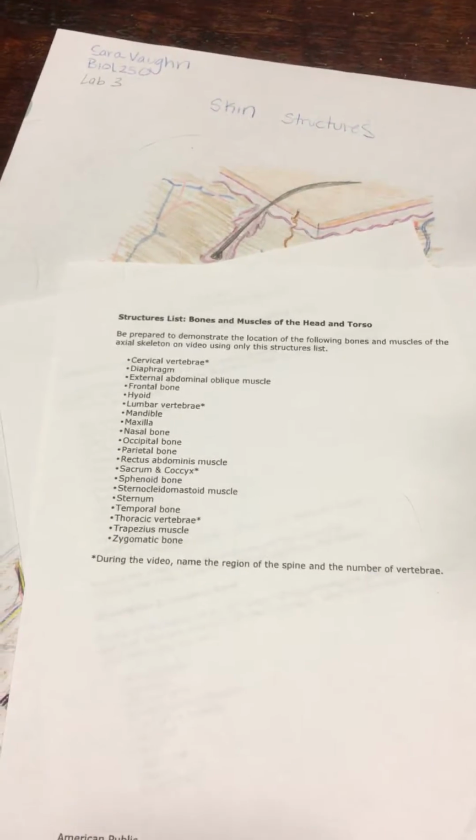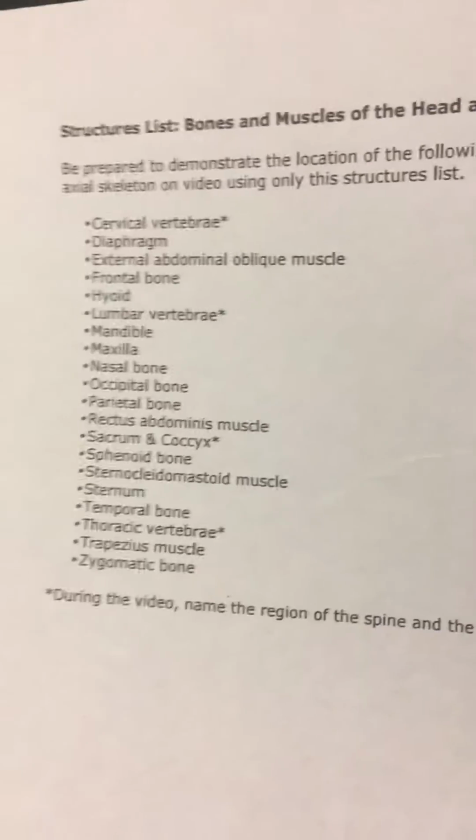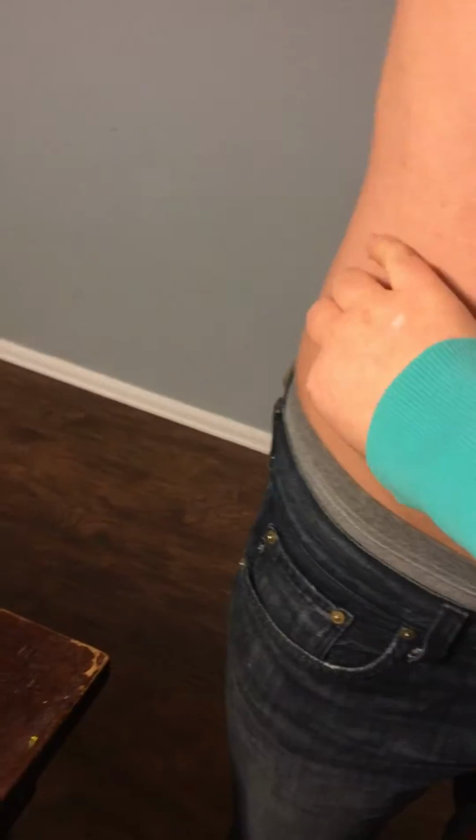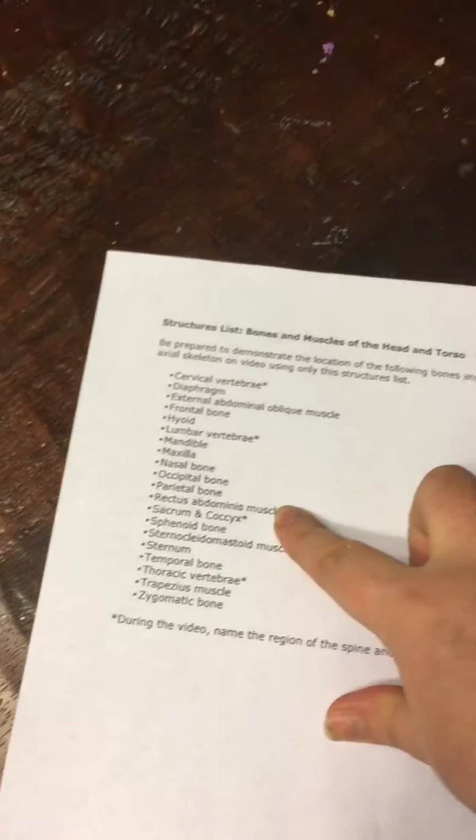So, and now I will steal my husband really quick so we can do our muscles. Okay, so we need our external oblique. Those on here would be the sides of the abdominal muscles right in here. Okay, and then we need our rectus abdominis, which are the front muscles of the abdominal wall that go right here.